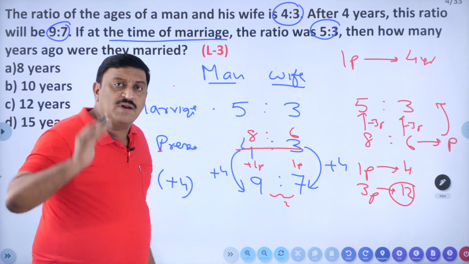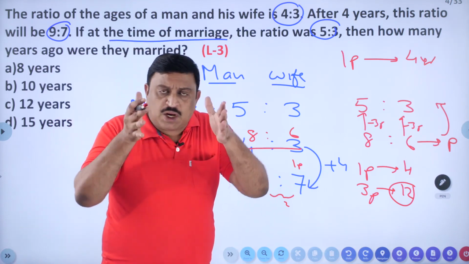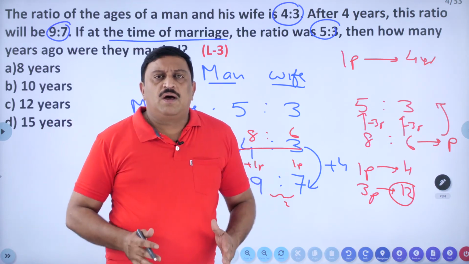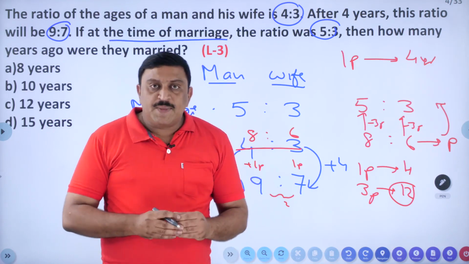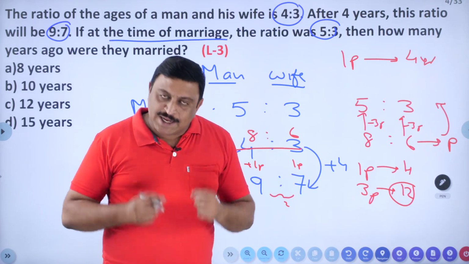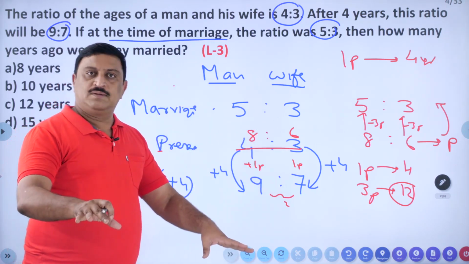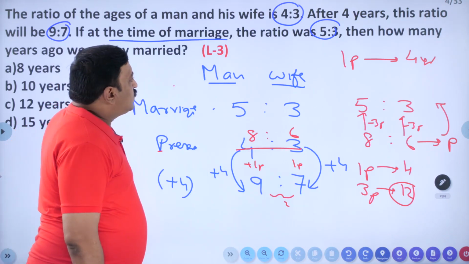This won't happen in exact theory. In theory of ratio and proportion, we can't do these many gimmicks. Though it is a gimmick, it is true actually. It is real. We are going with true logic. Okay. Let us go to the next one.